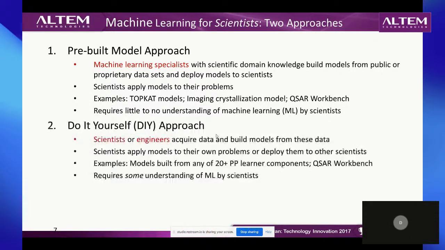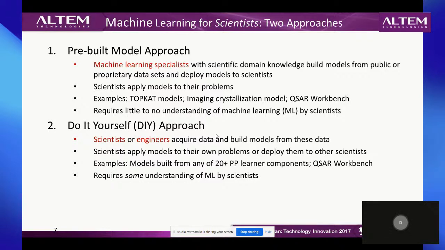The next one is the do-it-yourself approach. That means scientists or engineers acquire the data. Now I have certain data with me and I want to build models from this data. Then they apply these models to their own problems and deploy them to other scientists.